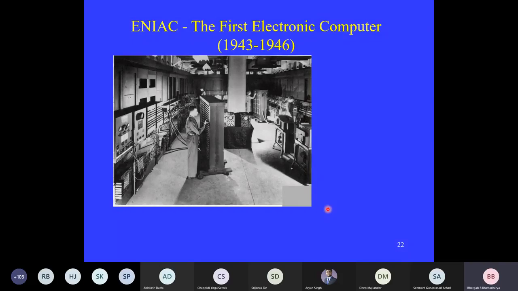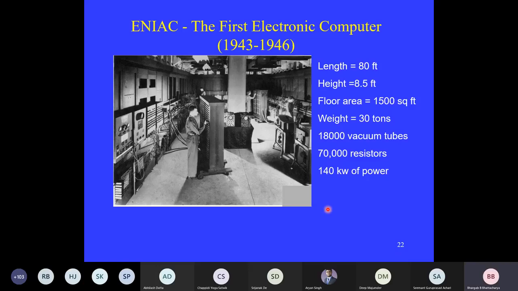So in the military, they wanted to compute the trajectory of the missiles and so on. And in order to do that, they had to solve many differential equations. And they had to solve many integrations, which were performed by numerical integration techniques. And that's why the name of the machine is like this: electronic numerical integrator and computer.